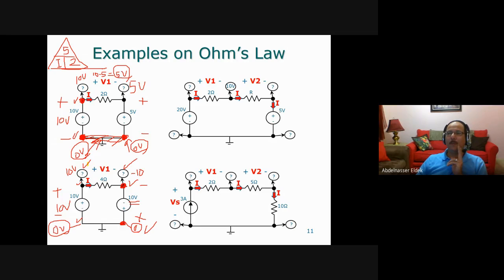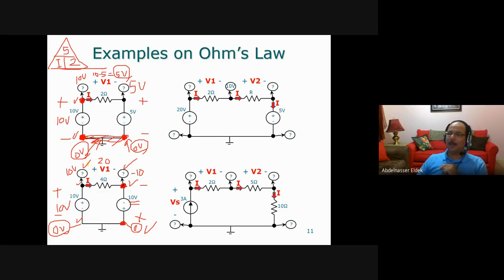V1 will be 10 minus negative 10, which is 20 volt. V1 is 20 volt. What's the difference between 10 and negative 10? Don't tell me 0. It is 10 and negative 10. The difference is 20.